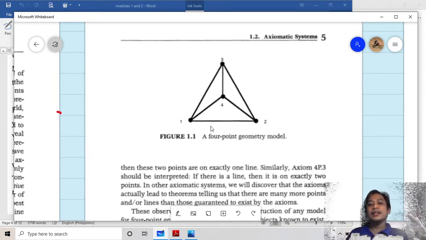Second, each pair of points, 1-2, 1-3, 1-4, 2-3, 2-4, and 3-4, is on exactly one line, meaning there is only one line segment connecting each pair. Also, each line segment has 2 dots on it, meaning the third axiom is true. Hence, we can say that the 4-point geometry is again consistent.